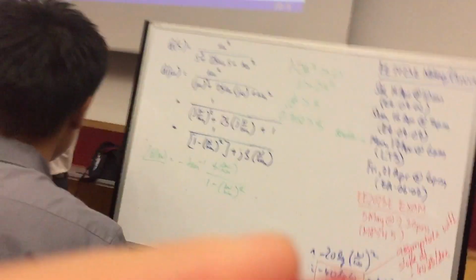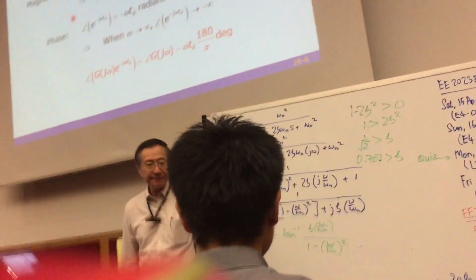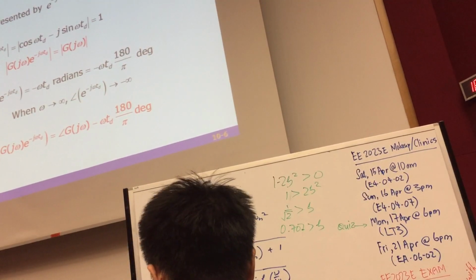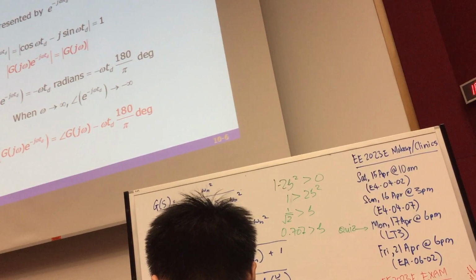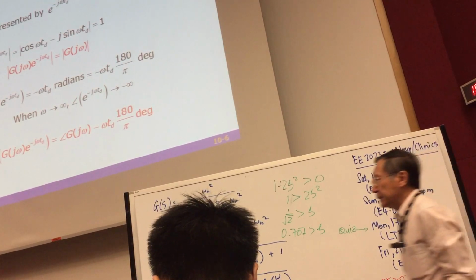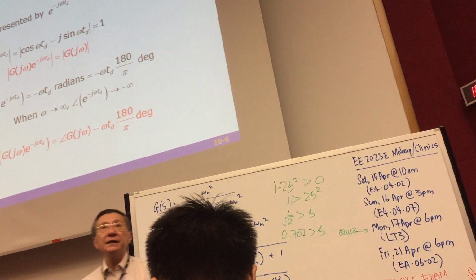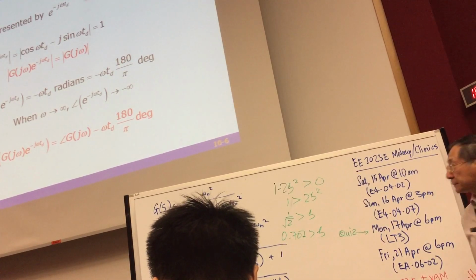Okay. Now we go back to lag. Talk about lag. In many systems, things don't happen instantaneously. There is usually a delay. Okay? So when you have a delay, you have this term there, e to the minus j omega td, where td is the delay. Alright?